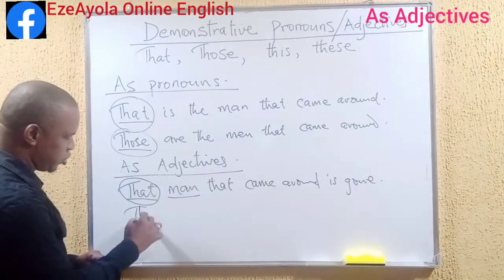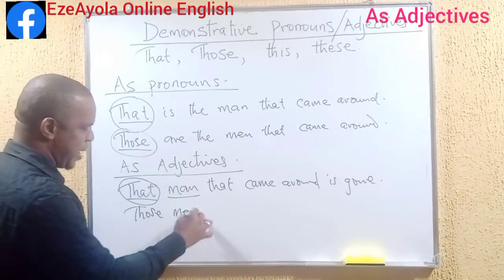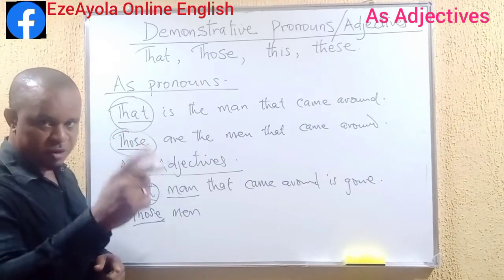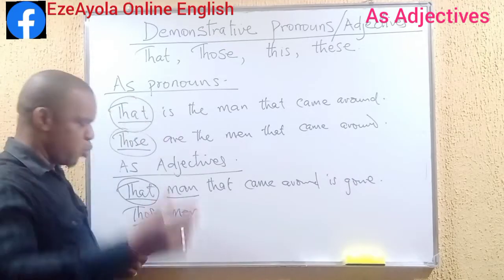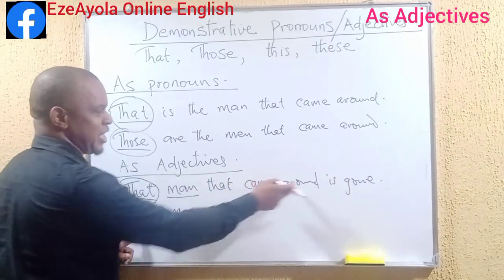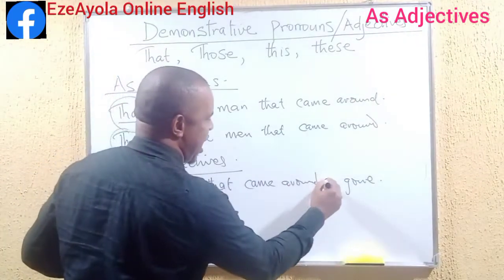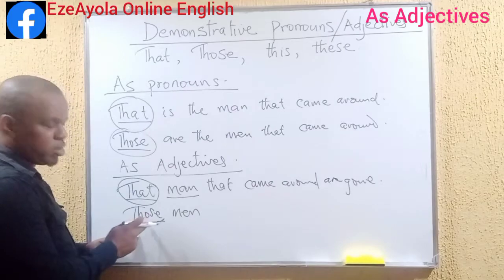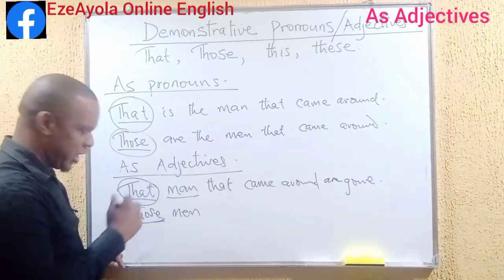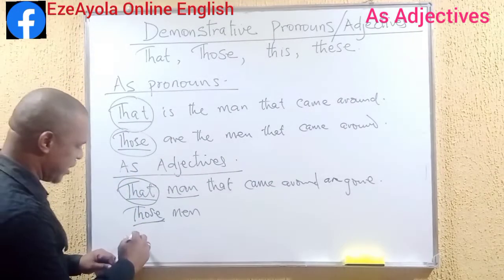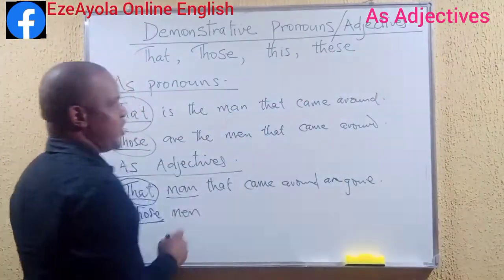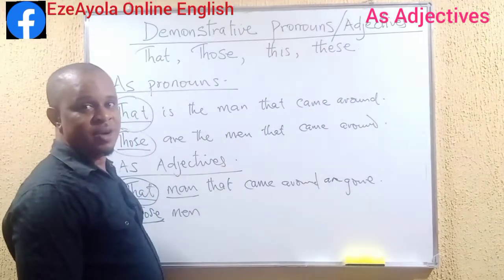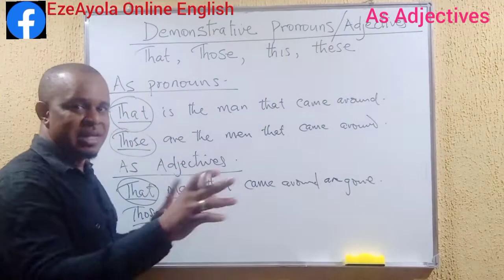The same thing goes for when we say those men, because we are now talking about more than one, all right, referring to more than one person. Those men that came around are gone, all right, because we are talking about those men. Okay, the same thing happens when it involves this and these. This man that came around is gone. All right, this man, the same thing.